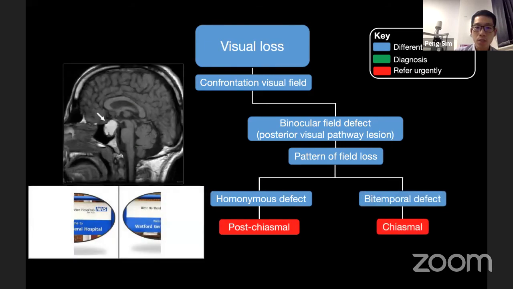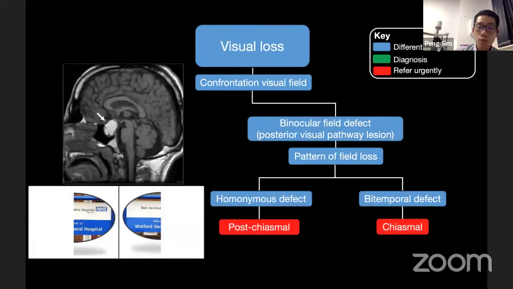The next one is a bitemporal hemianopia. We've already gone through this. Here I'm showing you a sagittal MRI scan. You can see a hyperintense lesion in the pituitary area, highlighting a pituitary adenoma, and the visual field defect here will be a bitemporal hemianopia.